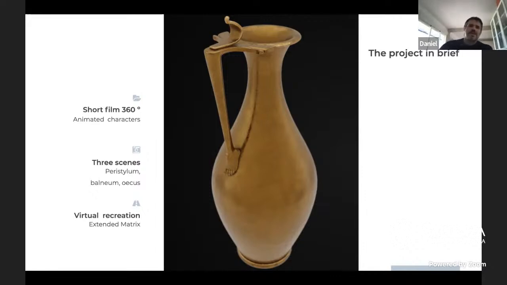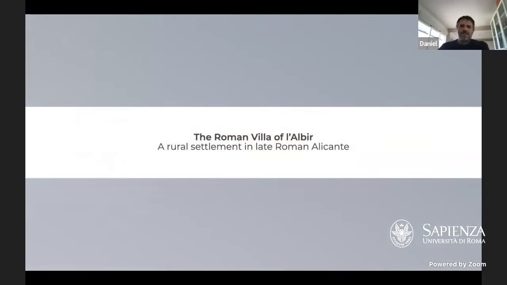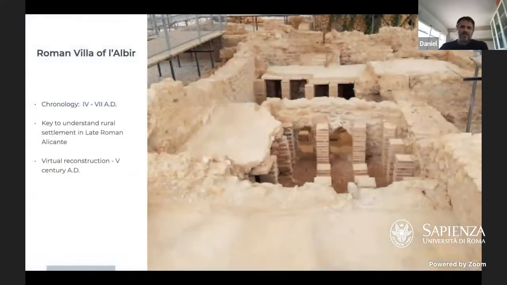Here are a few key aspects about this villa, with a chronology that places it between the 4th and the 7th century. It is actually very important to study between the late Roman period and late antiquity in this area of Alicante in Spain. And we want to focus on this precise period, the 5th century, mainly because it's the best known part of this archaeological site.